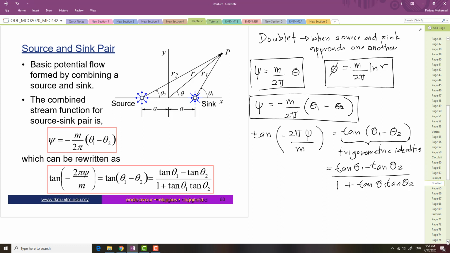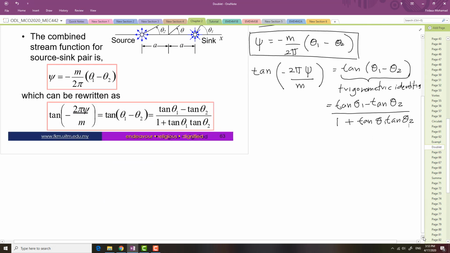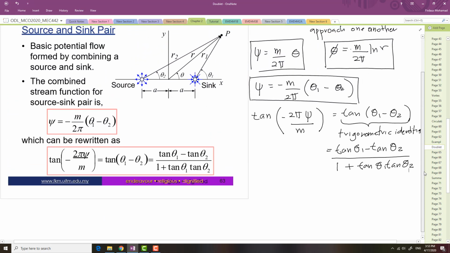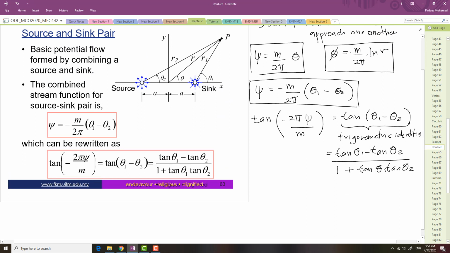Okay, so from this figure, tangent theta 1 is basically this line over this line.